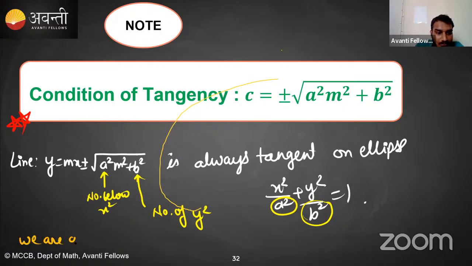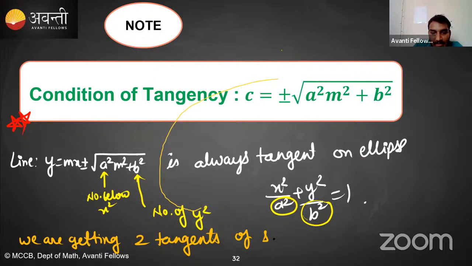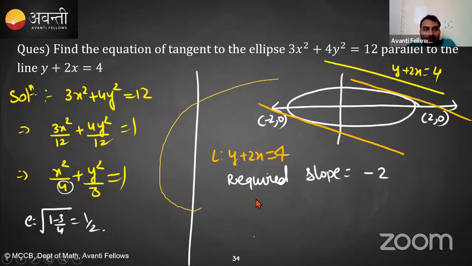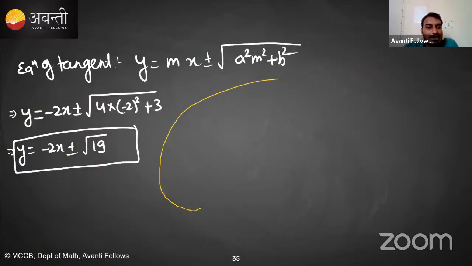We are getting two tangents of same slope. Is this clear? ये याद रहेगा क्या students? Is this clear? Any doubt so far? Students, quickly let me know in the chat box. Is there any doubt? Clear है अभी तक?